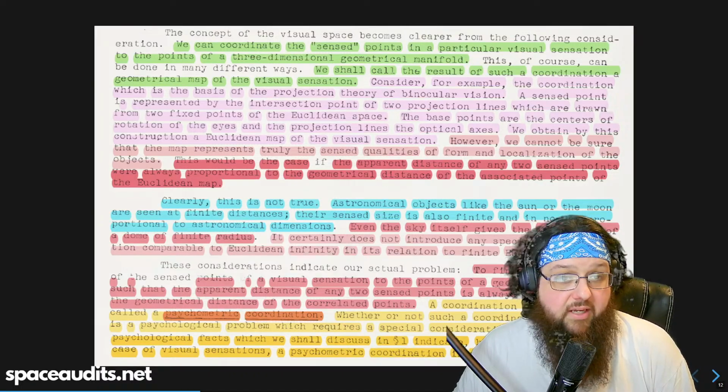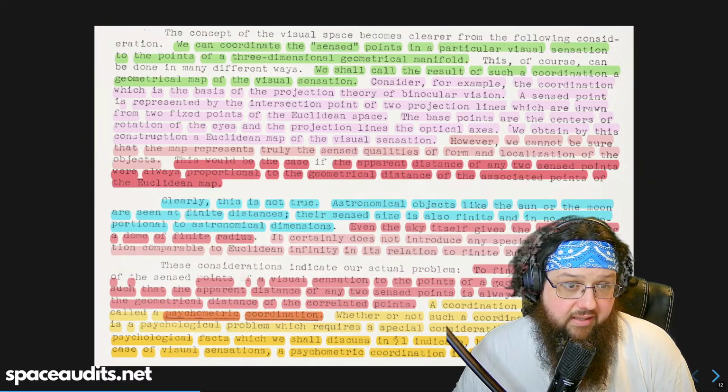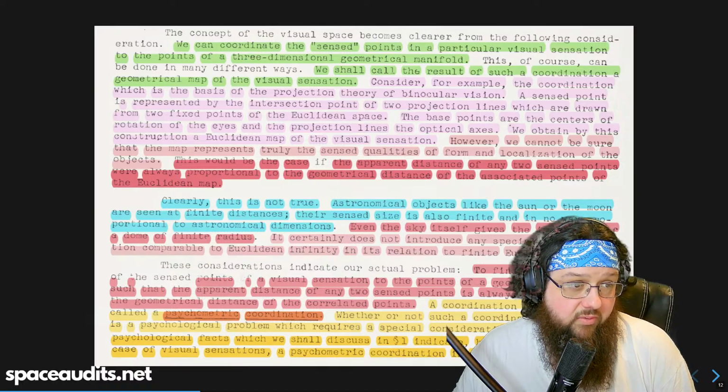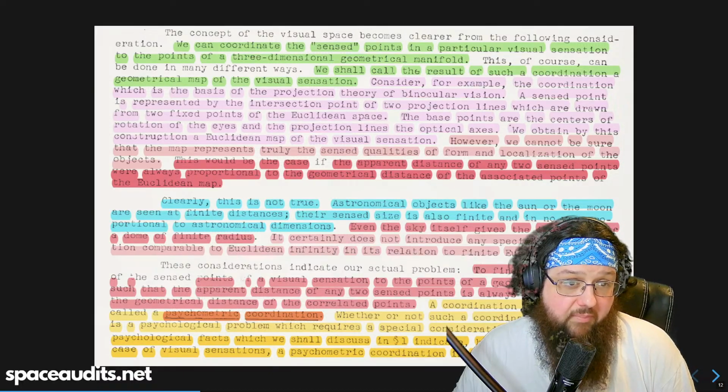Consider, for example, a coordination which is the basis of the projection theory of binocular vision. A sensed point is represented by the intersection point of two projection lines which are drawn from two fixed points in Euclidean space, a base of points at the center of rotation of the eyes, and the projection lines of the optical axis. We obtain this construction as a Euclidean map of the visual sensation.